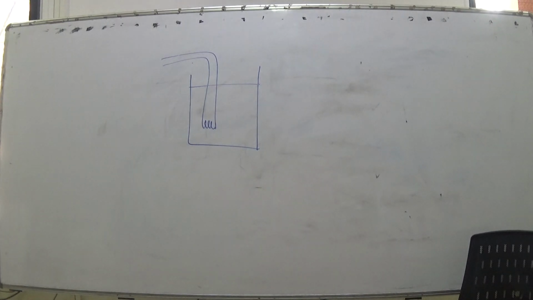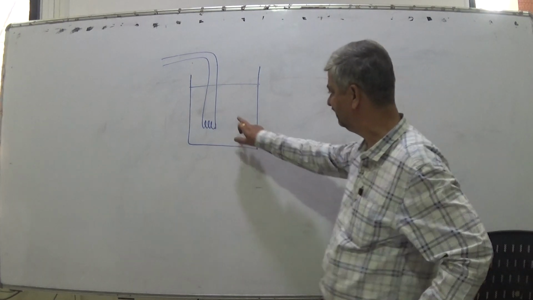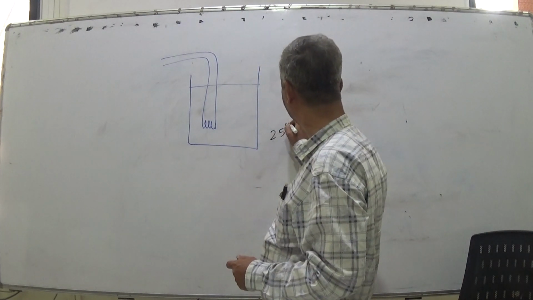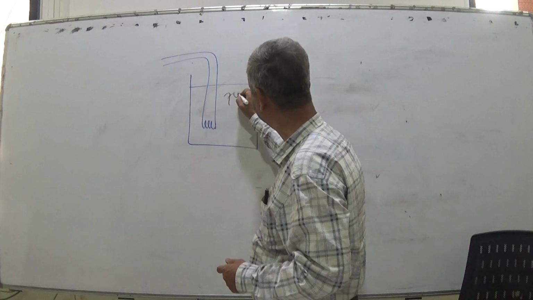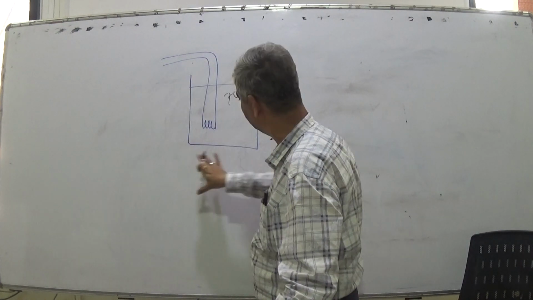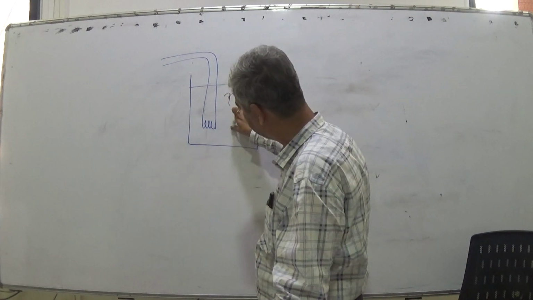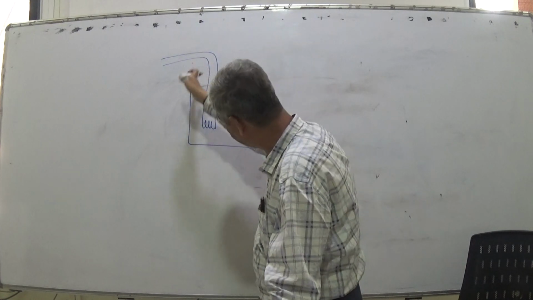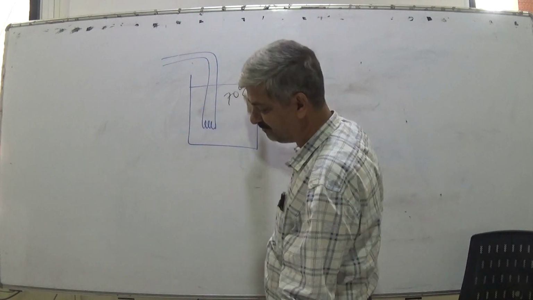Since the atmosphere temperature is less, if atmosphere temperature is 25 degrees and you want to maintain it at 70 degrees, then whether water is there, oil is there, how much, what is the size, whether it is insulated or not, everything comprises the system.